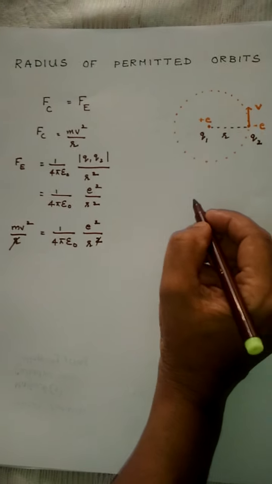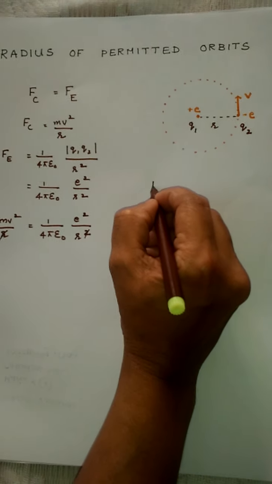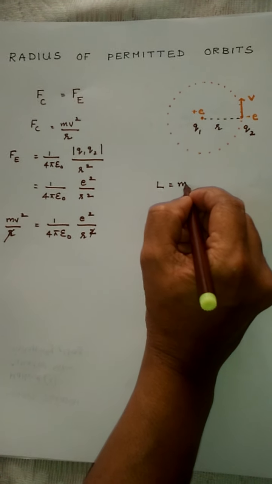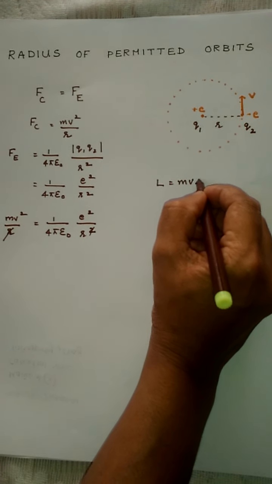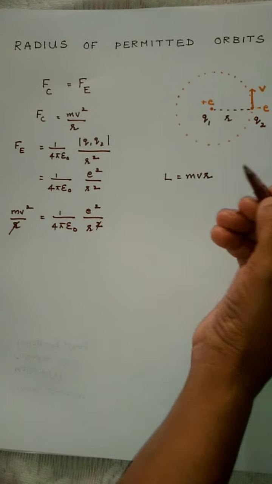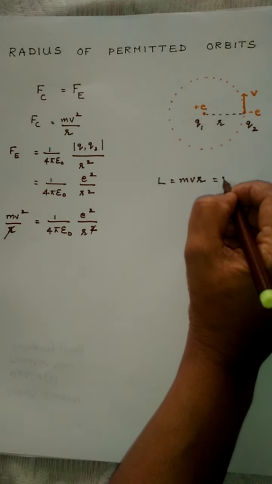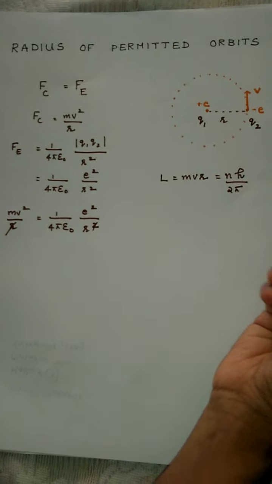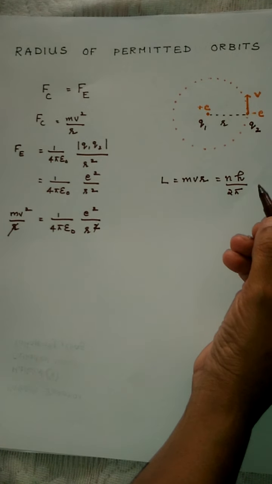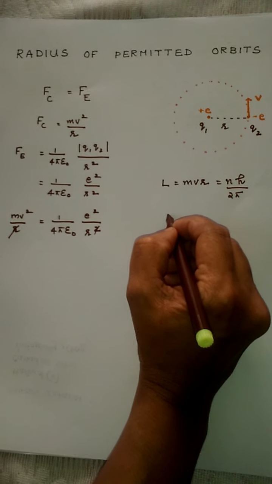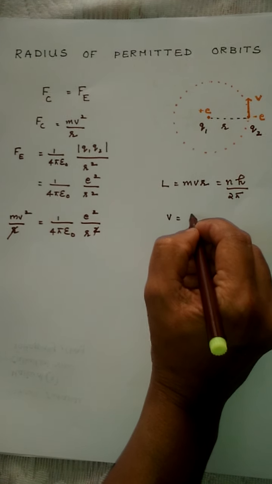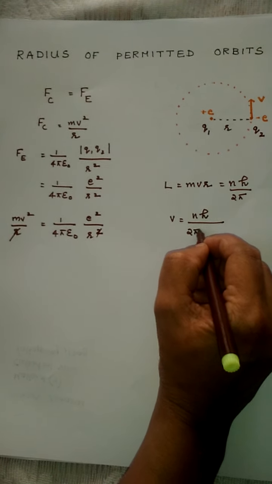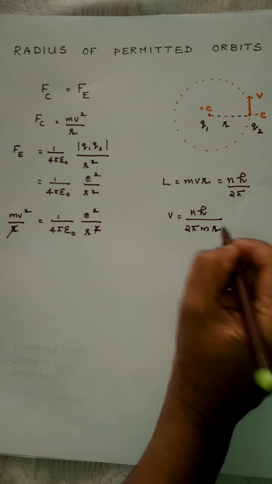And according to the second postulate, the angular momentum of the revolving electron, which is the moment of linear momentum, that is mvr, is equal to nh by 2 pi, where n is the integer. From this equation, let us find the value of v, velocity, is equal to nh by 2 pi mr.